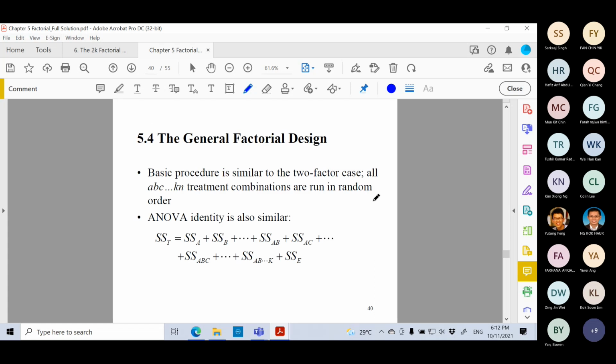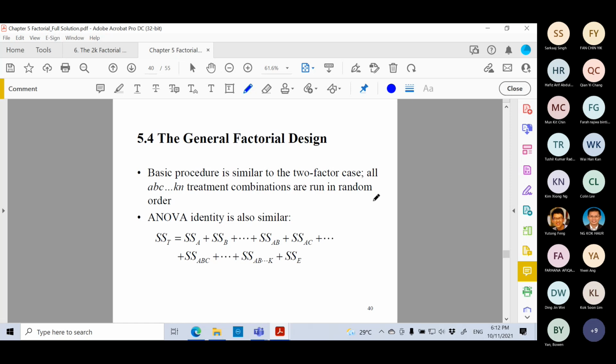From the two-factor factorial analysis, we can extend the idea to 3 factors, 4 factors, and so on. The only difference is that when you have 3 factors, you need to consider all the interaction effects. For example, with 3 factors, you have factor A, factor B, factor C, and then AB, AC, BC, and after that the 3-factor interaction ABC.